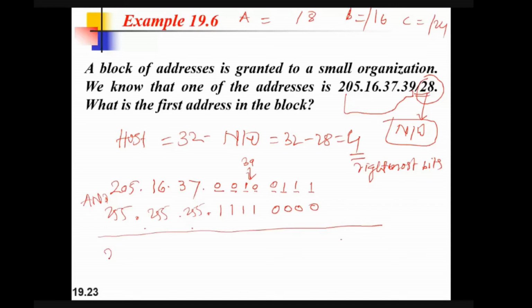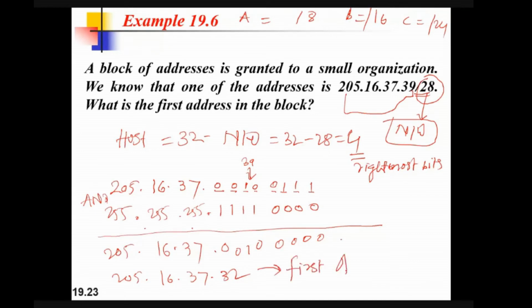When you AND them, you get 205.16.37, then 0, 0, 1, 0, and the rest zeros. And this in turn gives 205.16.37.32. So this is the first address. Is it clear?